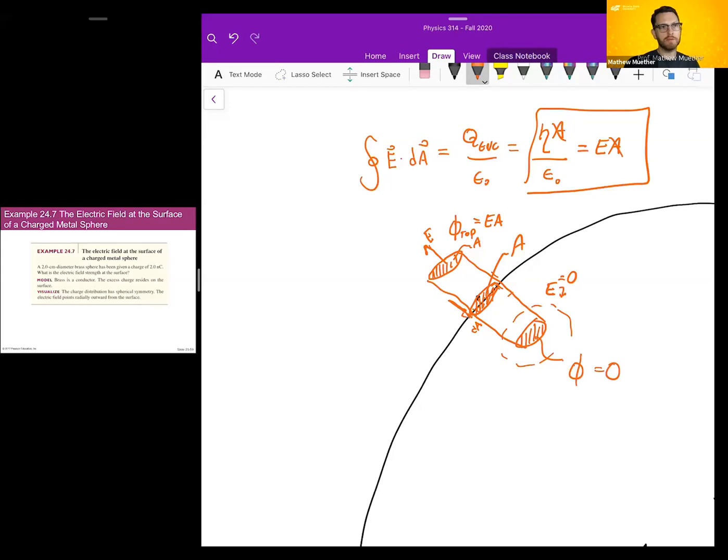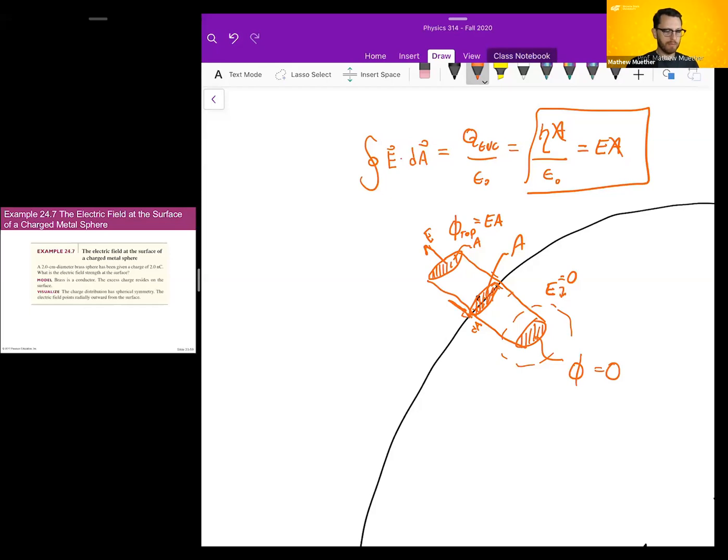We did this for a sphere, but it turns out if you set this problem up carefully, this is true for any type of conductor: the electric field right at the surface has to be eta divided by epsilon naught, if you zoom in really tightly.